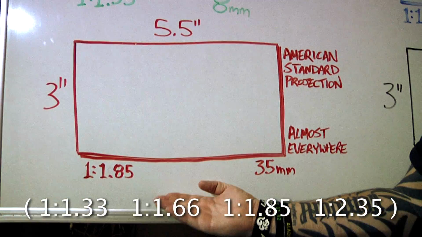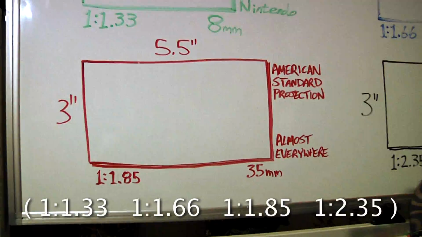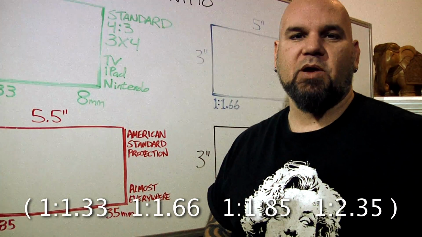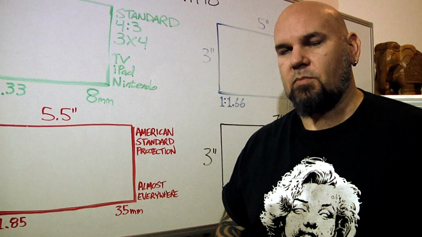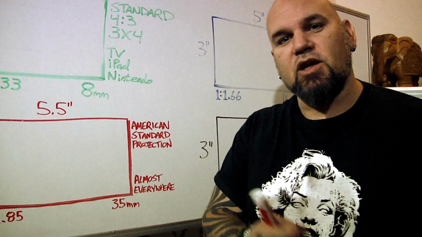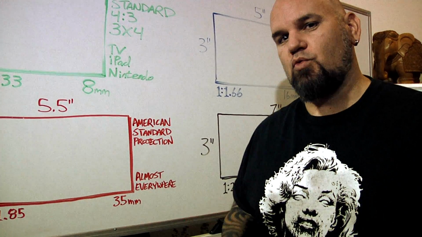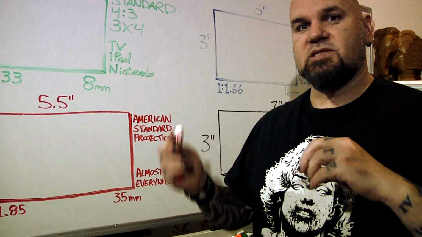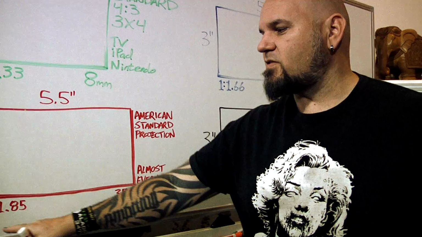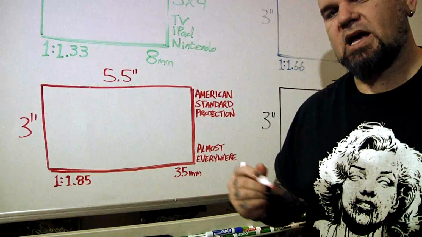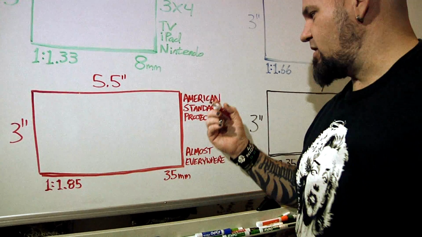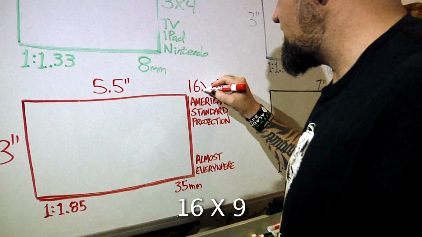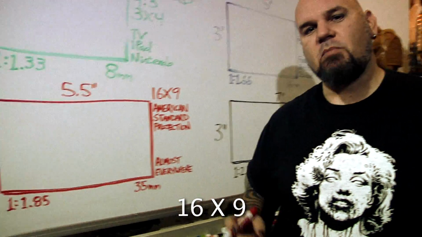If you look on the back of a DVD or a Blu-ray or anything like that, that's the aspect ratio you're going to see. However, if you work at Best Buy and you are selling people TVs, or you work at a home theater where they're selling movie screens, instead of calling this 1:1.85, they will refer to this as 16:9. And that is actually the same aspect ratio.